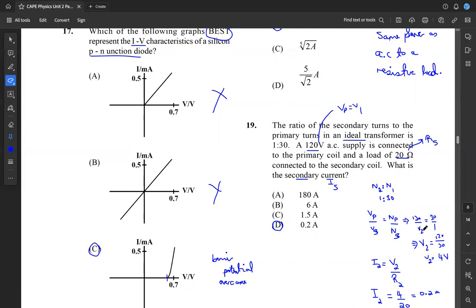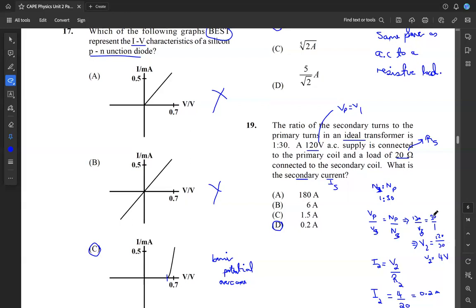But we do know how many turns. As per the question, secondary to primary is 1 to 30, so the number of primary turns is 30. So we put that here.